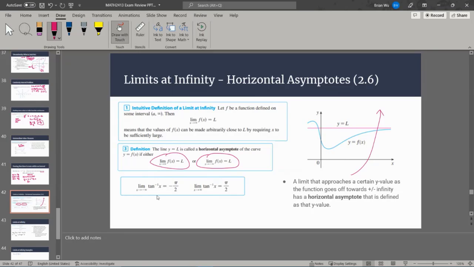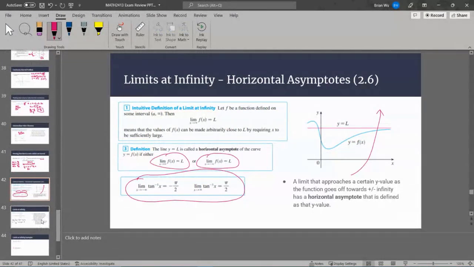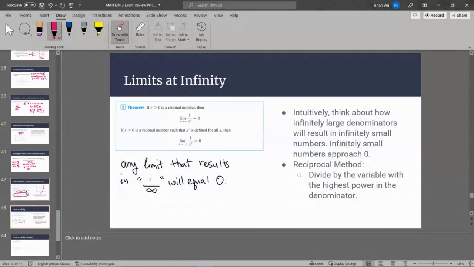And some special horizontal asymptotes you may be expected to know are these ones. You can use them if you forget them, but essentially it's what the arctangent goes to as you head to both sides.